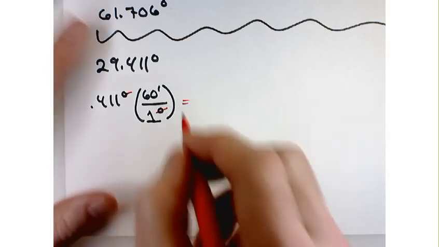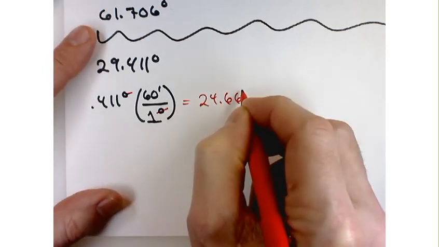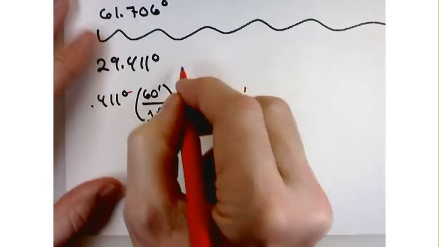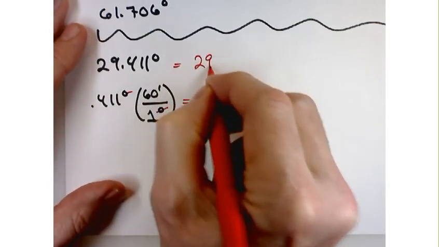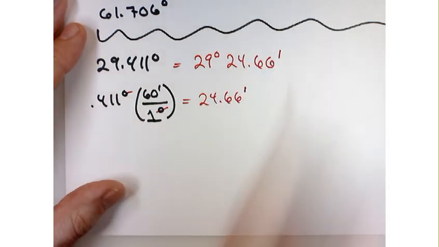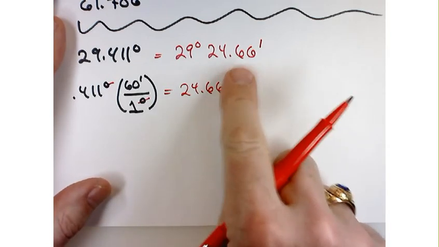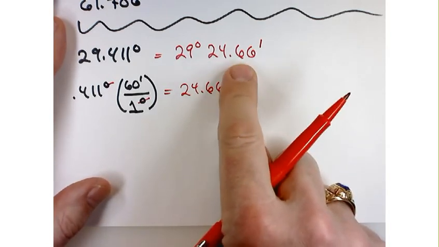All right, thank you. So it's going to be 24.66, and that's in minutes. So now we've got 29 degrees, 24.66 minutes. Great. But I'm going to work with that fractional part.